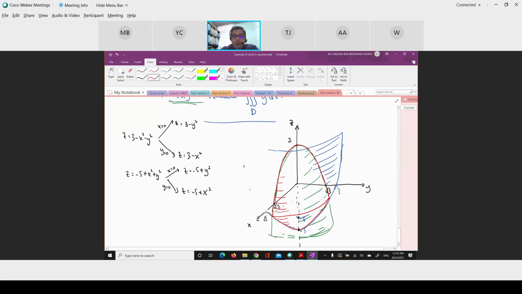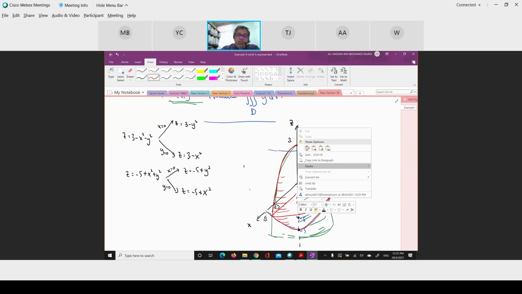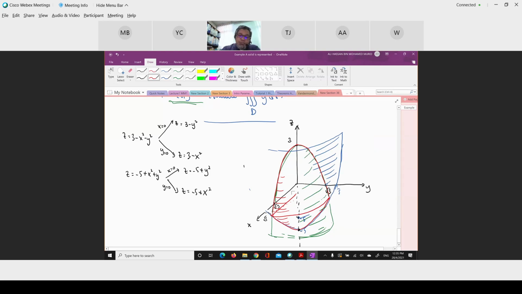Okay. That's for x greater than 0, y greater than 0. So this is the object G, bounded by the two paraboloids for x greater than 0, y greater than 0.